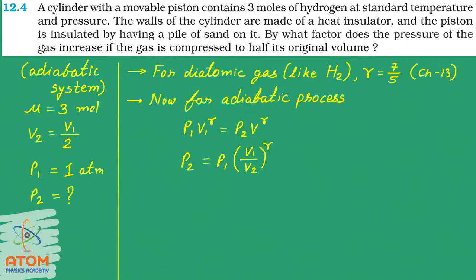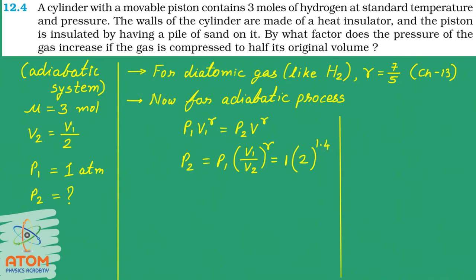But here P1 is 1 atmosphere, and from V2 equal to V1 by 2, we can say that V1 by V2 will become 2. So in place of V1 by V2 I can write 2 raised to gamma, and gamma is 1.4. So we are getting 2 raised to 1.4.